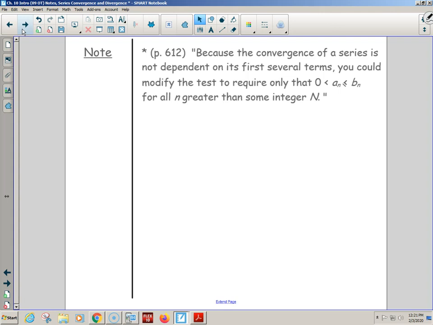All I need is to know the convergence or divergence of the infinite part, and then I can add the finite, and I'll know. Divergent plus finite is divergent. Convergent plus finite is convergent. I don't necessarily need the entire series from the very first term to the very last term to meet conditions. But I do need it to eventually meet the conditions forever, or else I'm in trouble.